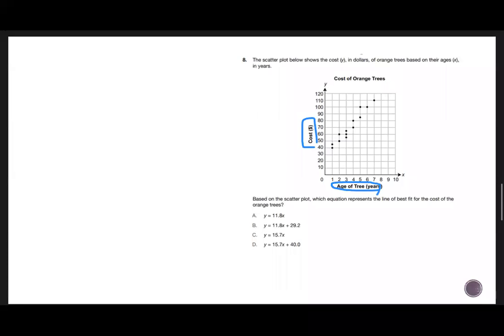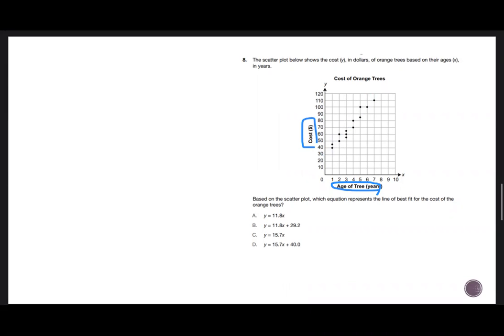We want to draw a line of best fit. We want approximately the same amount of points above the line as there are below the line, and hopefully a decent amount of points on the line.